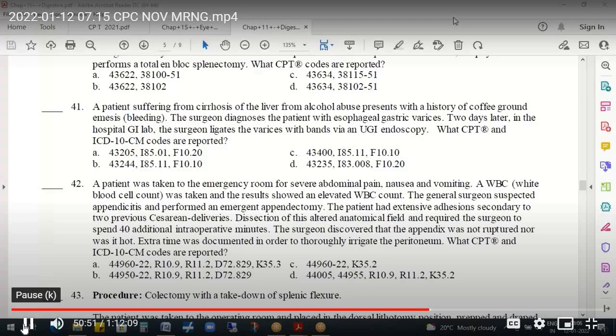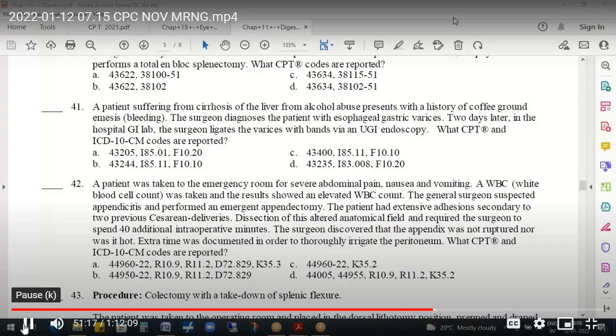Next point, clinical presentation of hernia.